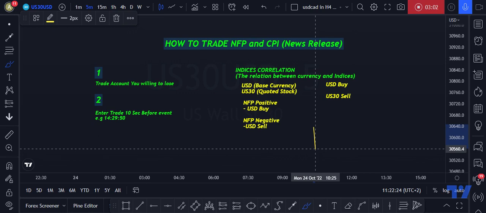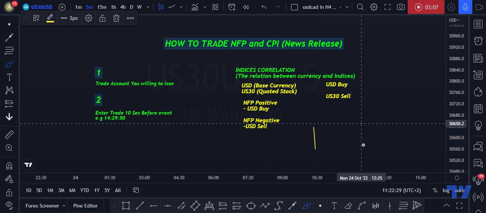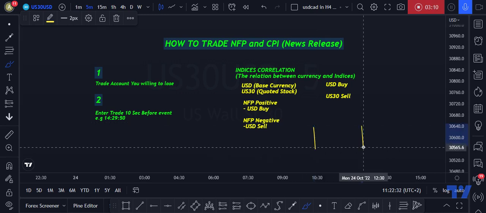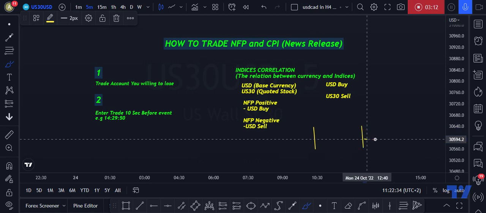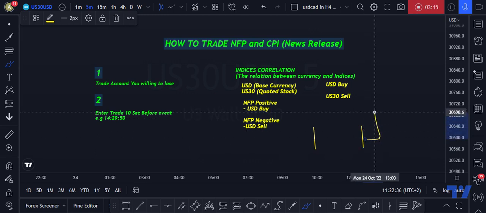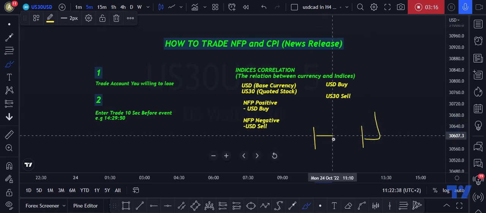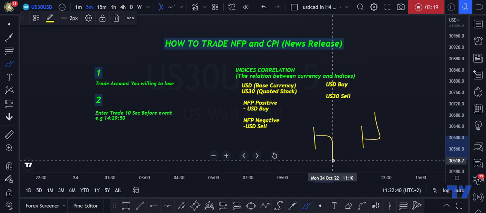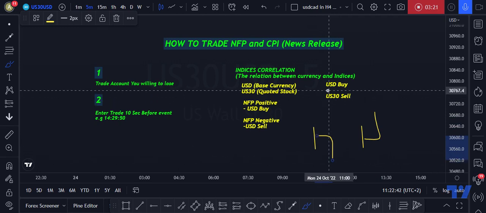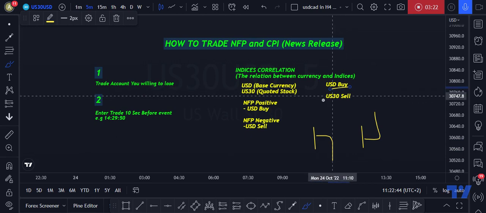Let me use a currency example: this is USA 30 as a base currency, and this is USD as a quote currency. If USD is going to buy, then USA 30 is going to sell. You understand that? USD is buy, US 30 is sell.